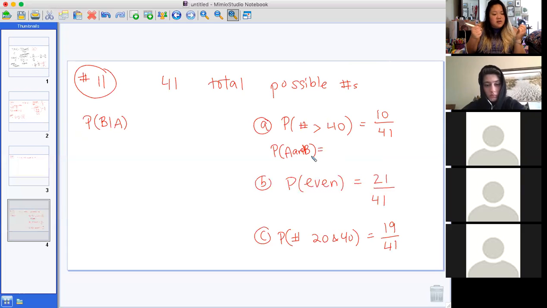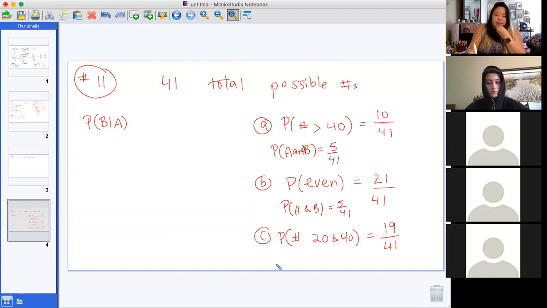So how many numbers are even and greater than 40? 42, 44, 46, 48, 50, right? So 5 numbers. So the probability of A and B happening for these two is going to be 5 out of 41. We'll need that here as well. 5 out of 41.